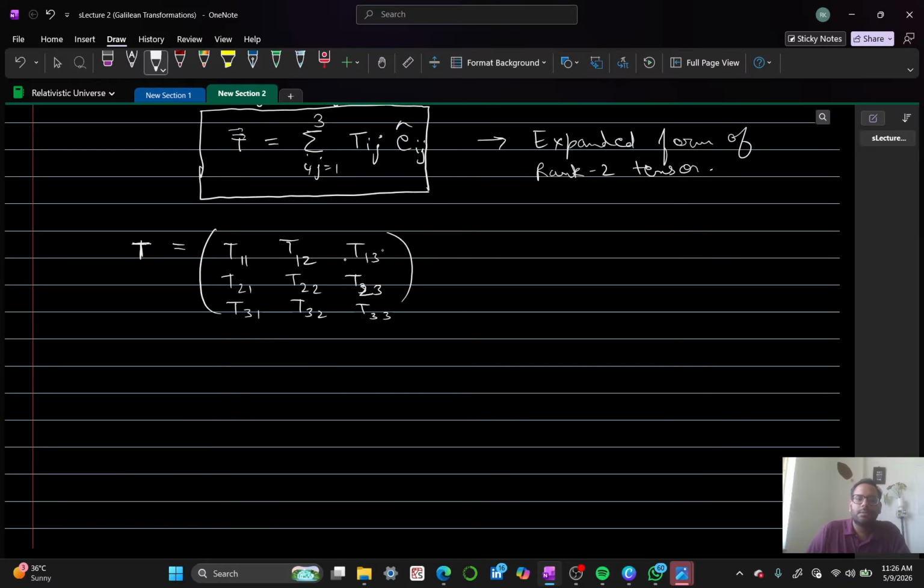This is the matrix form. These are the components of a rank 2 tensor in matrix representation.